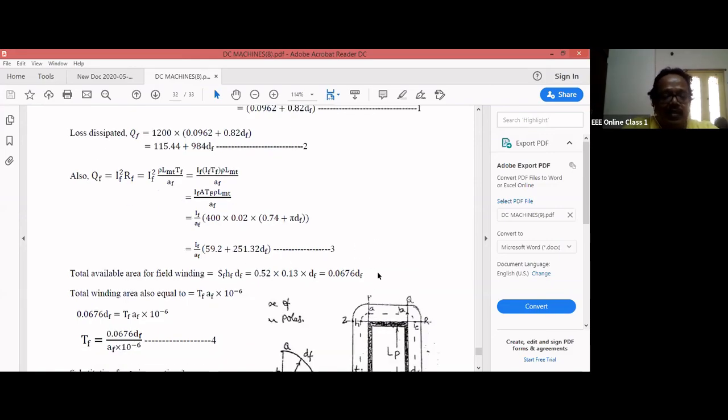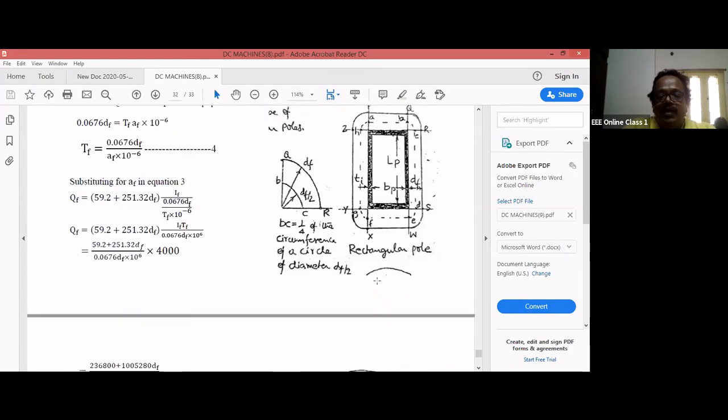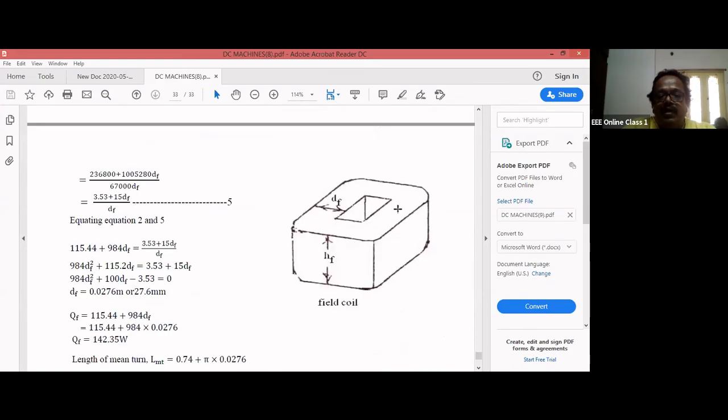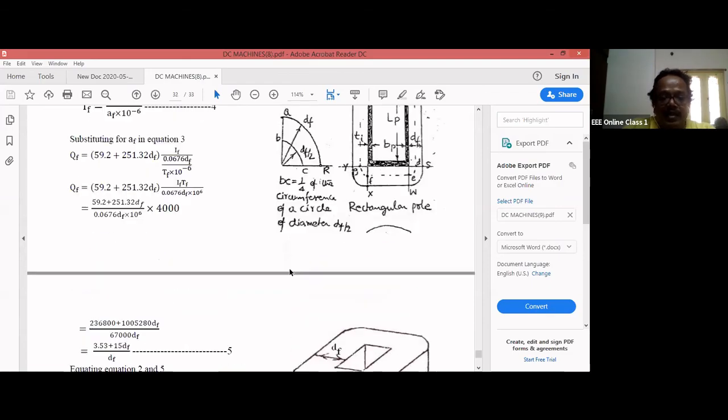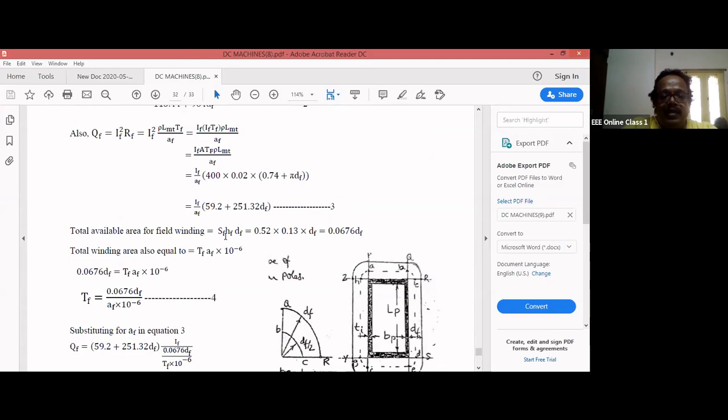This is equation 3. The total available area for the field winding is your space factor SF into DF into HF. Space factor is given as 0.52, height is given as 0.13, and DF you already know.